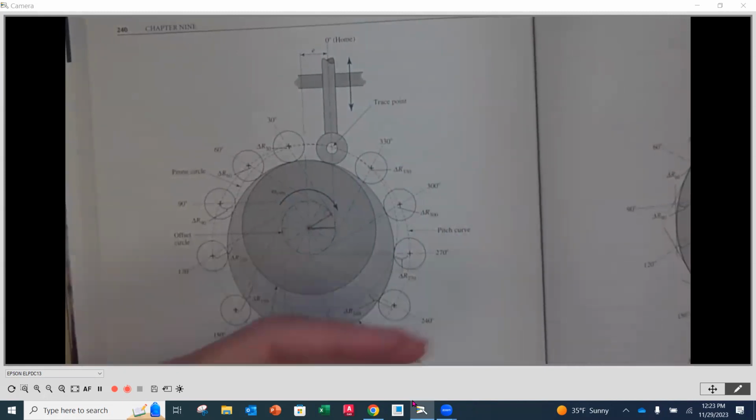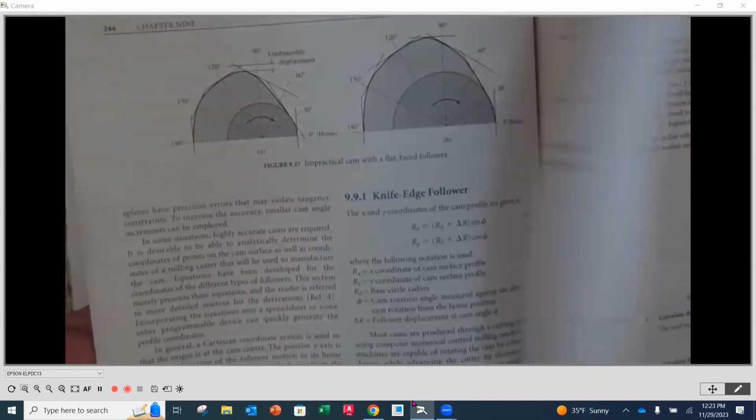Let me look for just a second because I want to remember the homework problems that you guys are doing for me. The first one is going to be reciprocating. It's an inline roller follower. Okay, so number 39 is an inline roller follower.